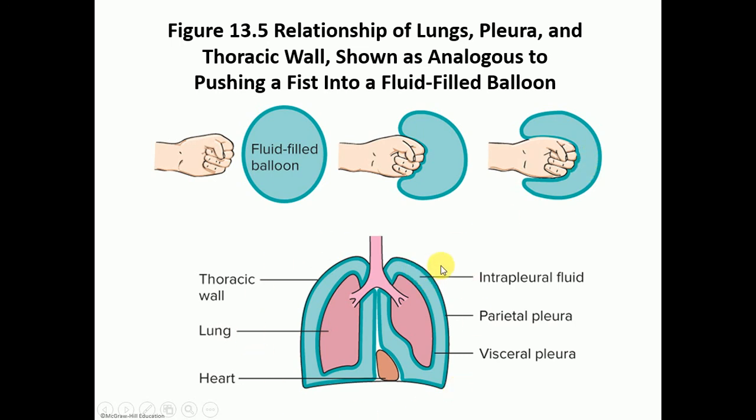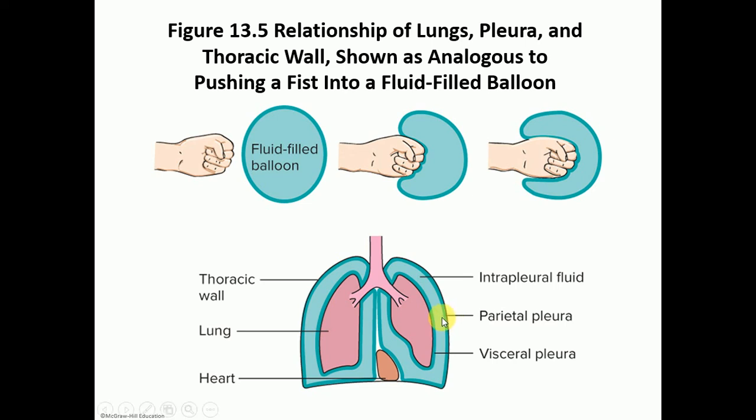If we take a look at the lungs here, we have the parietal layer surrounding the internal thoracic wall and the upper part of the diaphragm, while this is the visceral pleura, right on top, directly attached to the lung tissue itself, while this pleural space is full of a very thin layer of serous fluid.